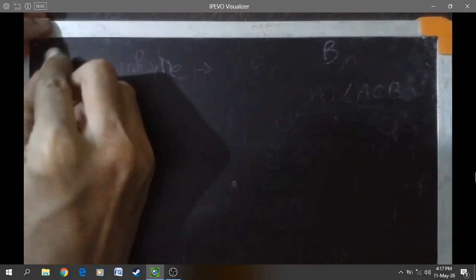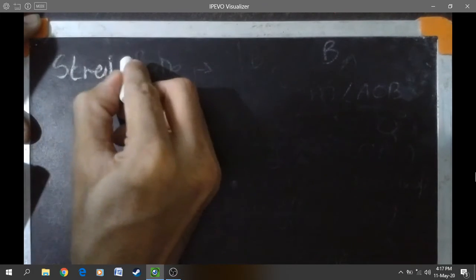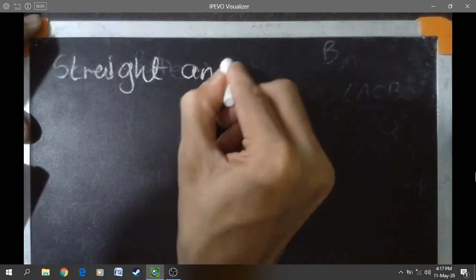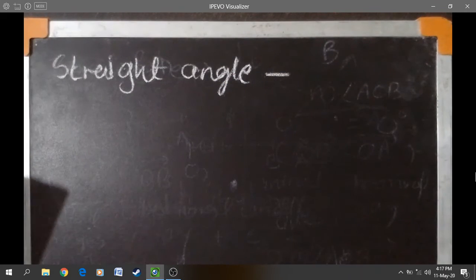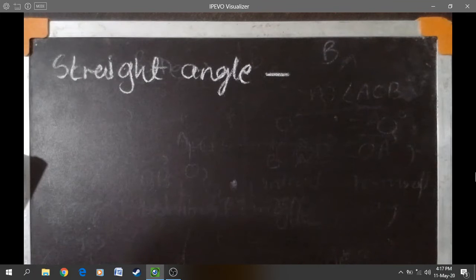Okay, next angle is a straight angle. After the rotation, if the initial ray OA and the terminal ray OB are in opposite directions, then the directed angle is called a straight angle.